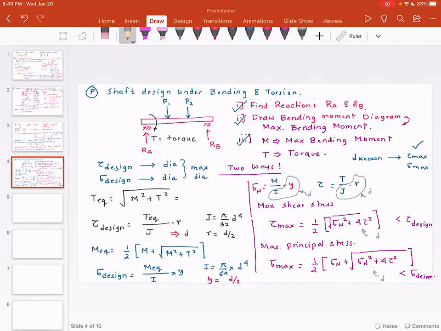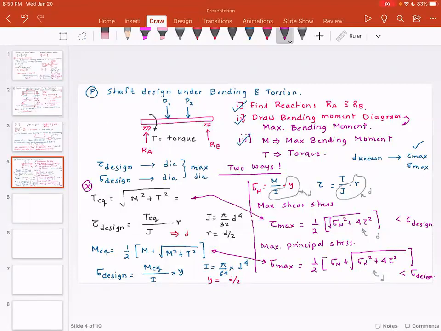So this equation and this equation are the same. This equation and this equation are the same. You can use any of these techniques and you will get the same answer, but my choice would be this one.